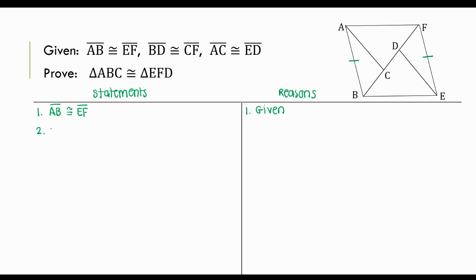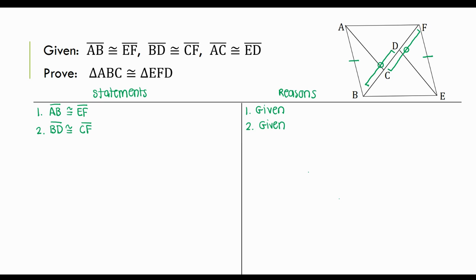Can't expand on that any further, so I move on to the next given. I'm told that the segment BD is congruent to the segment CF because that is given. So marking that, BD is this. I'm going to give it a circle there. CF is this.